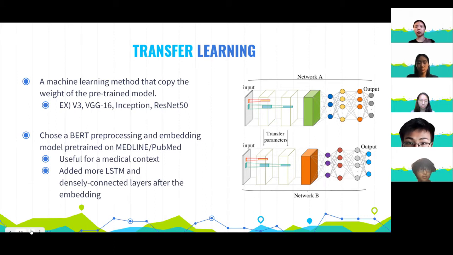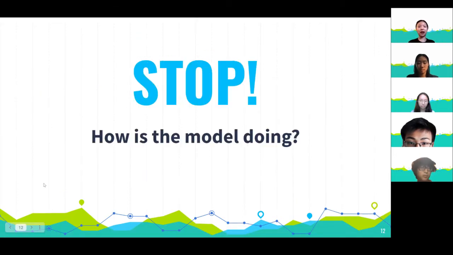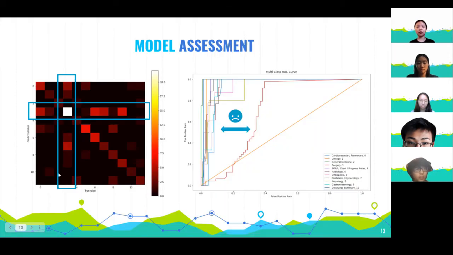Okay, this is all great and really interesting, but right now we need to stop and ask ourselves, how is the model doing? So we did an assessment of our model with visualizations. On the left, you can see a confusion matrix with predicted labels on the vertical axis and true labels on the horizontal axis.